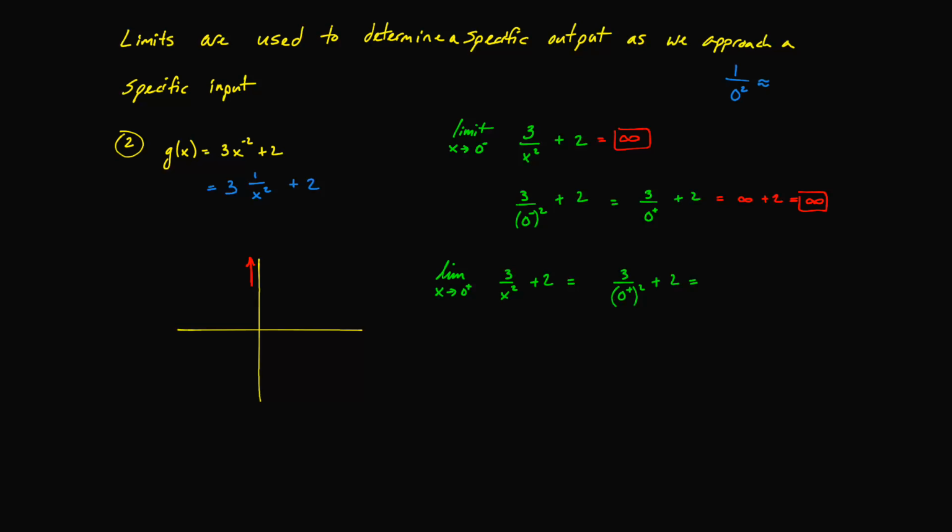If you reason this out very similarly as we did here, you're going to get a very large number plus 2. It's going to be infinity. So as we're approaching 0 from the right, we're also getting a very large output. So that's really good for us.